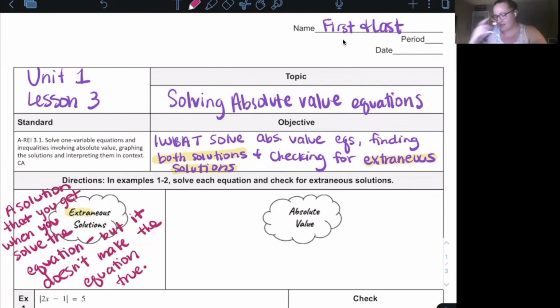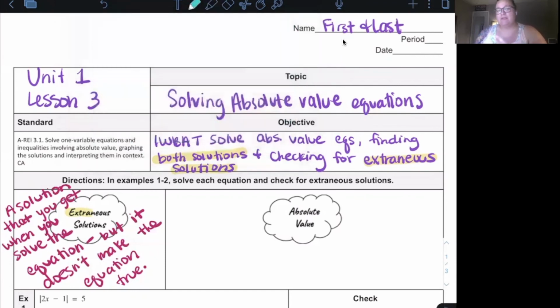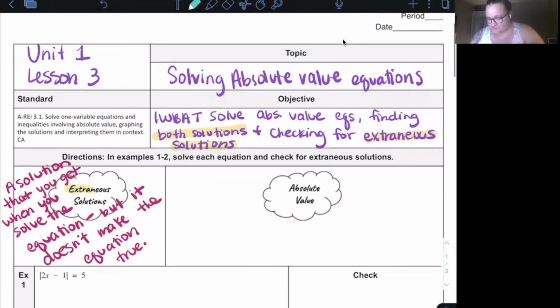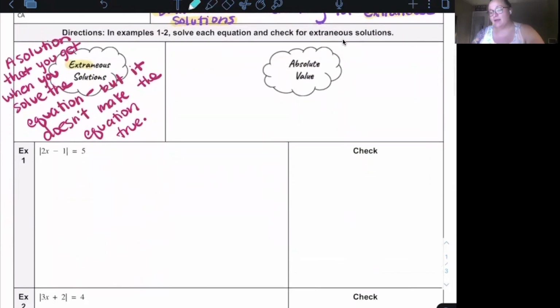Now we need to discuss absolute value. So absolute value is a little tricky because it has something that you need to look out for. Actually, wait, I should remind you what absolute value is.